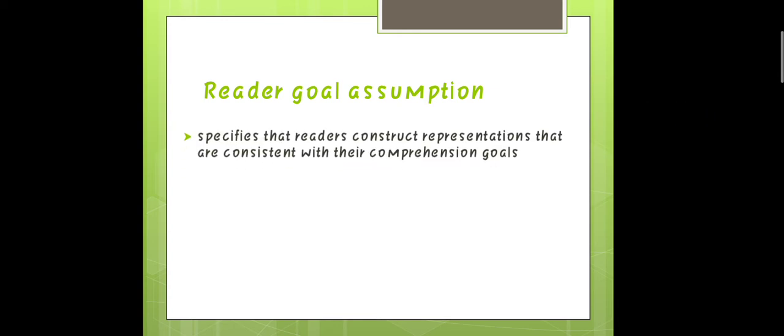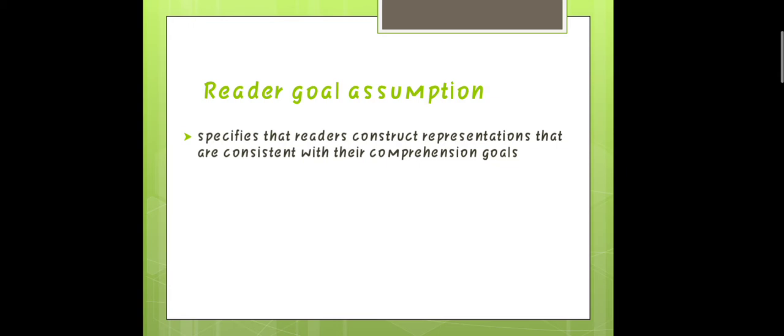Next assumption is the reader goal assumption. It specifies that readers construct representations that are consistent with their comprehension goals. An authentic task should be designed for the learner.